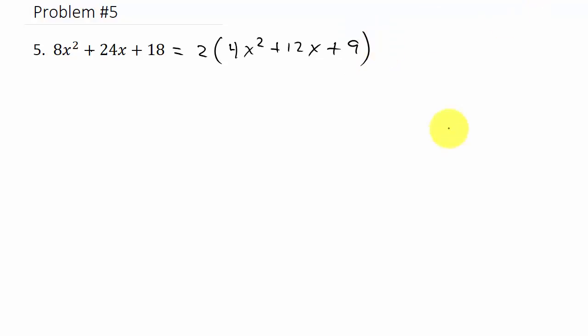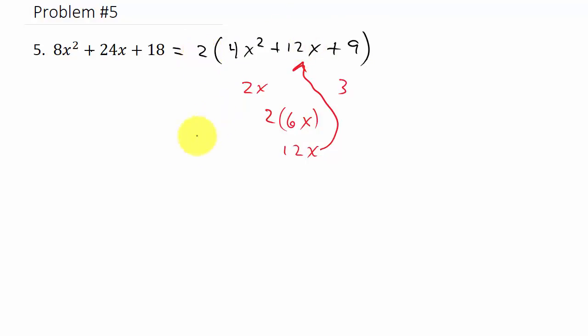Alright, so now let's look at this. Okay, square root of the first term is 2x. Square root of the last term is 3. Multiply them together, you get 6x. Multiply that times 2, you get 12x, which is our middle term. So this is a perfect square trinomial. And we do have the 2 out here.